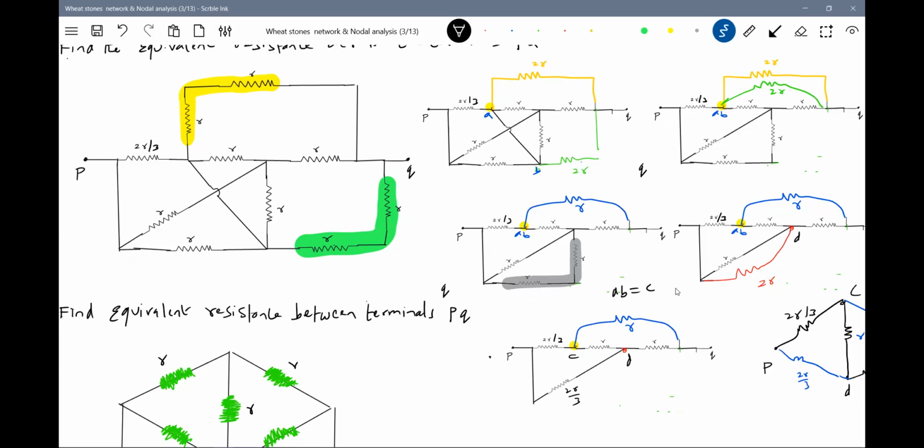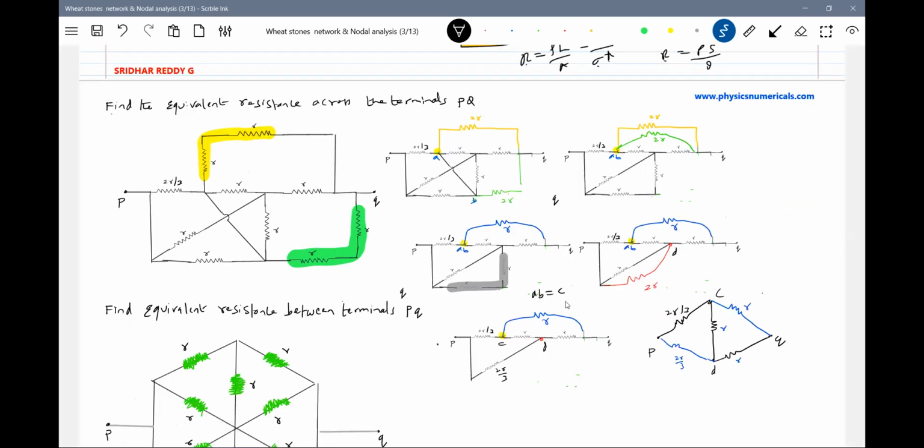Okay, now this is some data. I think I didn't write properly. Now, what is the resistance PQ that is asked? So look at these two. The ratio of these two arms, 2R/3 by R, should be equal to 2R/3 by R. Then what is the potential at C? Potential at C equal to D.